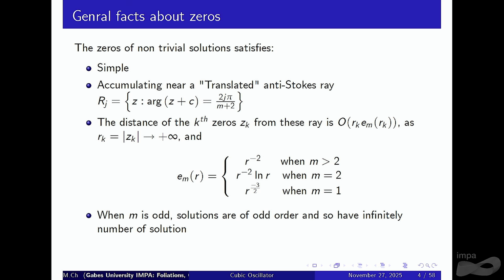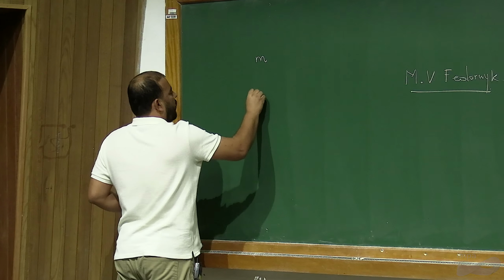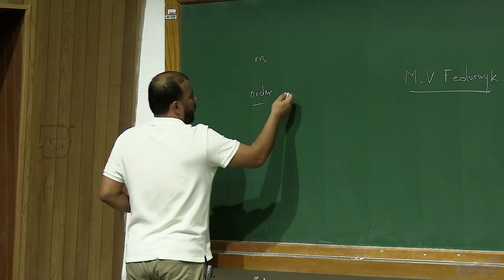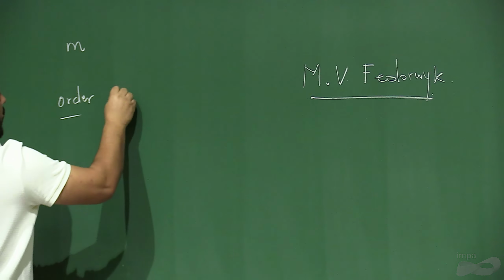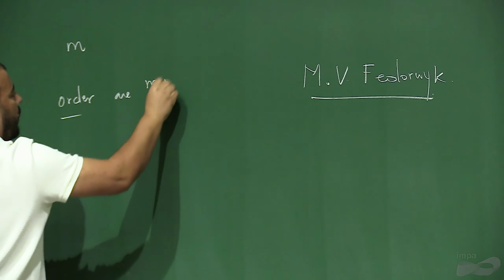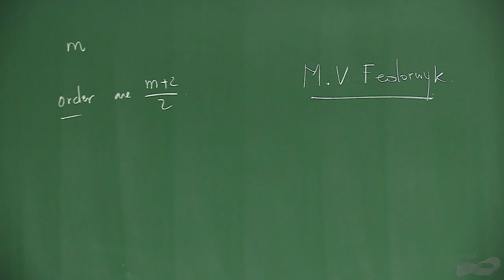A general fact about the non-trivial solutions: if the polynomial is of degree m, the solutions are entire in the complex plane, and the order of the solutions is (m+2)/2.